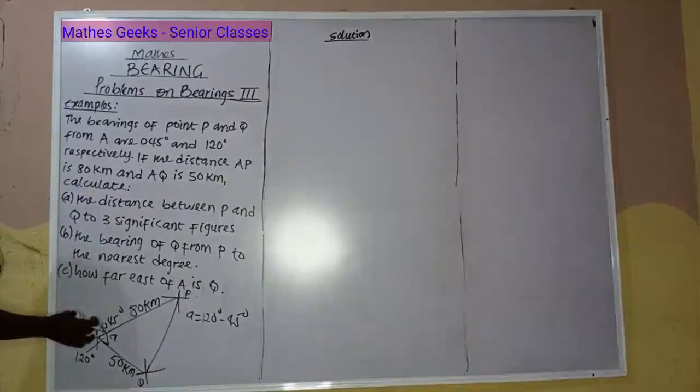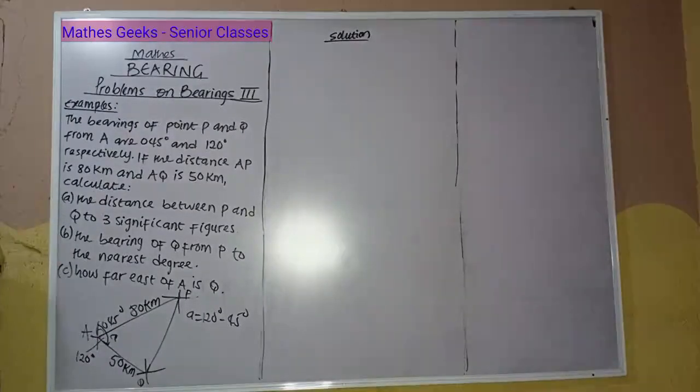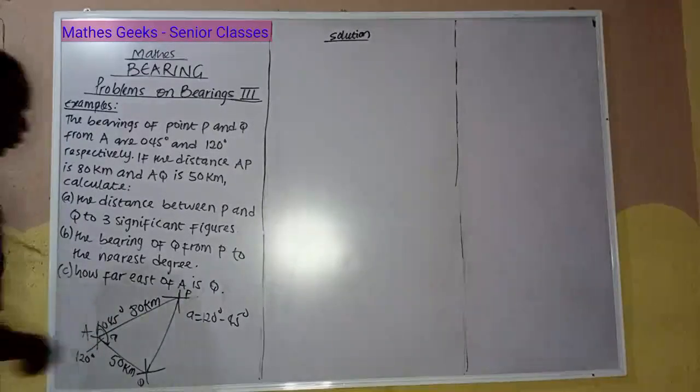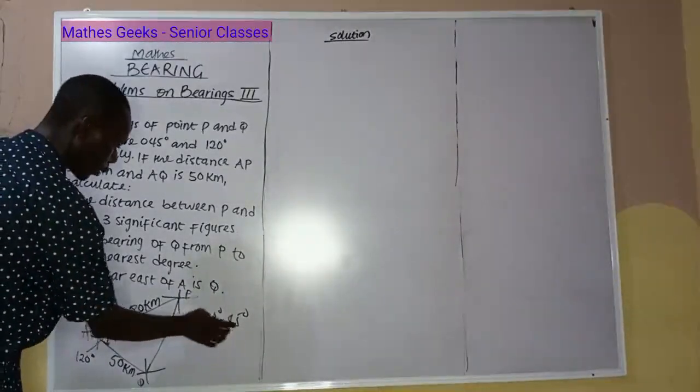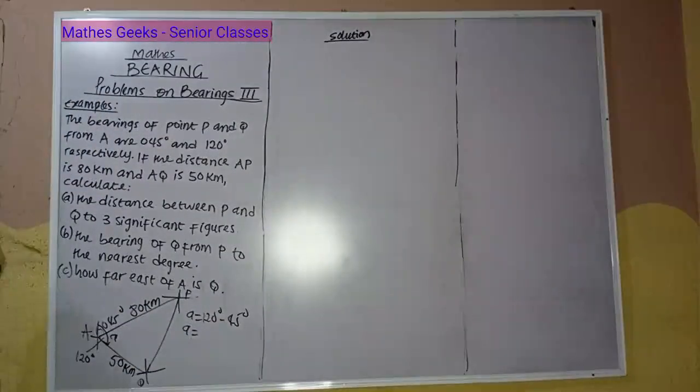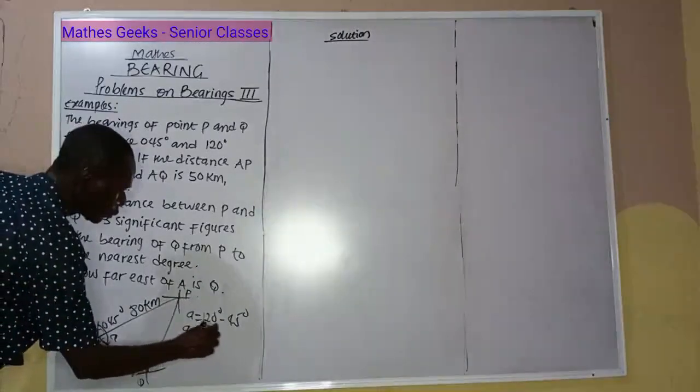If from the north to this line is 45 degrees, and from the north to this line is 120 degrees, then from this line to this line would be the difference between 120 degrees and 45 degrees, and that would be A equals 75 degrees.